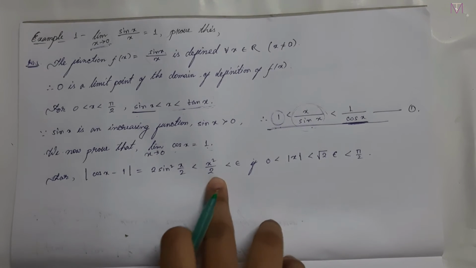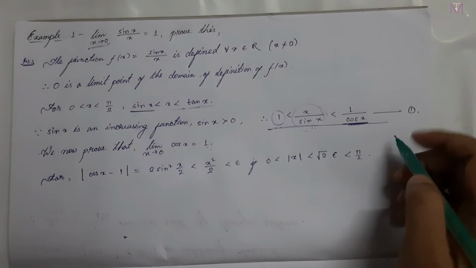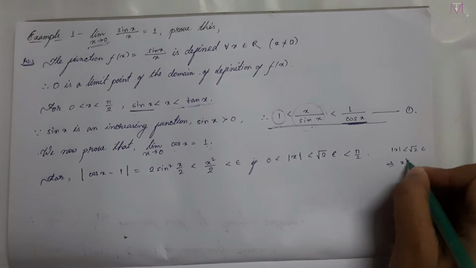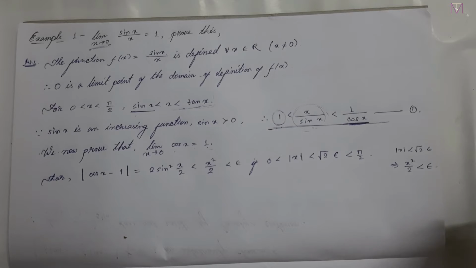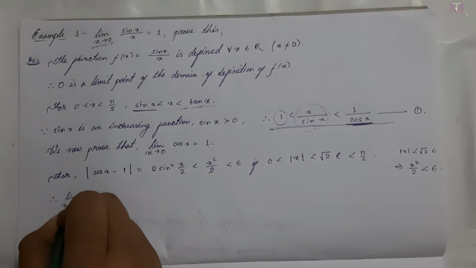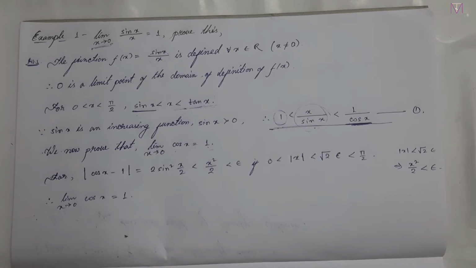Okay, then we can say this. Just from here, mod x less than root 2 epsilon, we just take the square and then we can see this. Therefore limit x tends to 0 cos x is equal to 1.